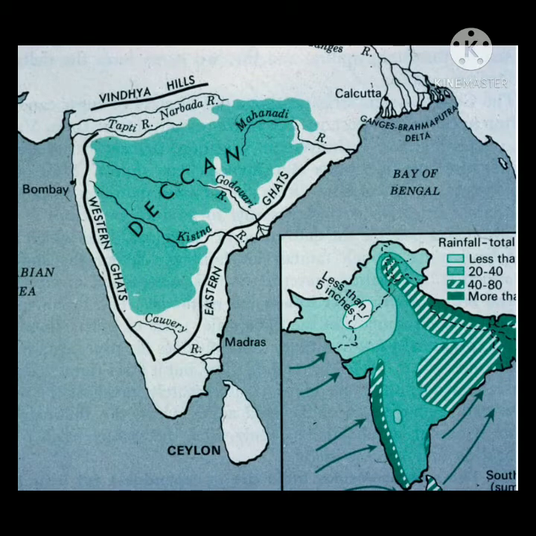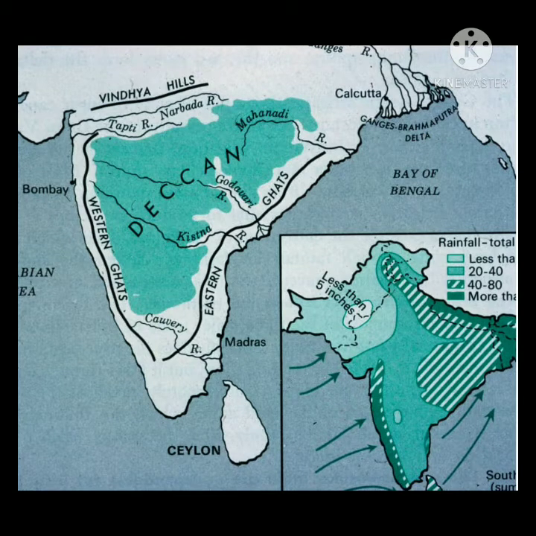The western edge of the Deccan Plateau is made up of four ranges running parallel to the coast. They are the Sahyadri, Nilgiri, Anamalai, and the Cardamom Hills. Together they are known as the Western Ghats. Anai Mudi is the highest peak. The eastern edge of the Deccan Plateau is made up of low discontinuous hills called the Eastern Ghats.